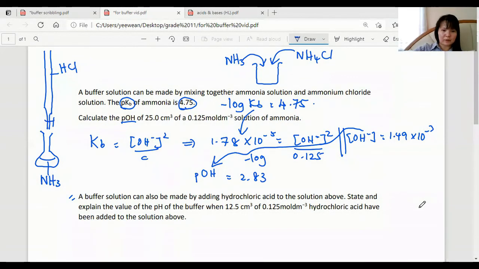The next part is about buffer. So let's put in the values for the question. It says here there's 12.5 cm³ of hydrochloric acid that is run from this burette. So the concentration is the same.